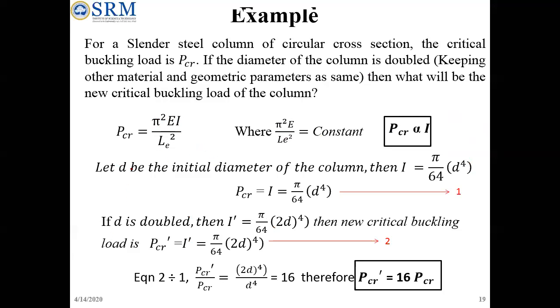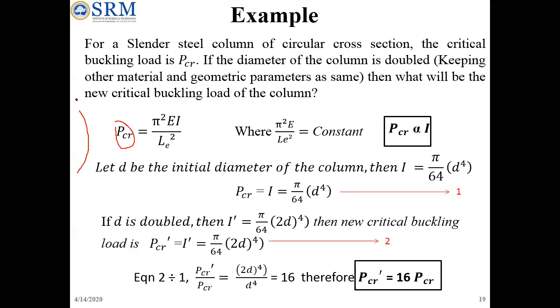And so for new, in the sense, we'll have PCR and P'CR. And I think I have not told you about this critical buckling load. Say for example, when you have buckling, there may be a case where the column can come back to the original shape.